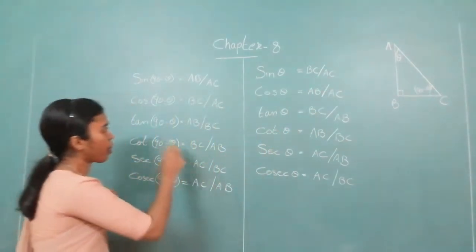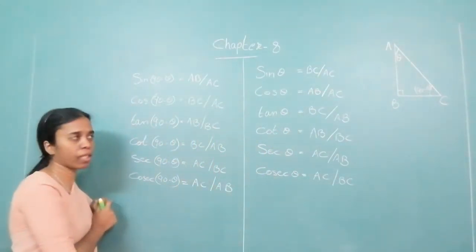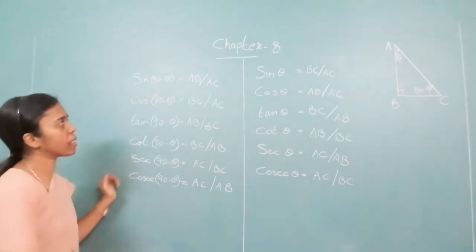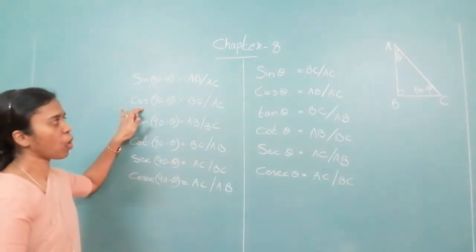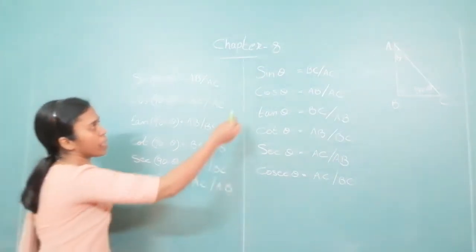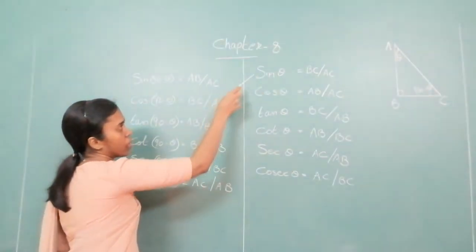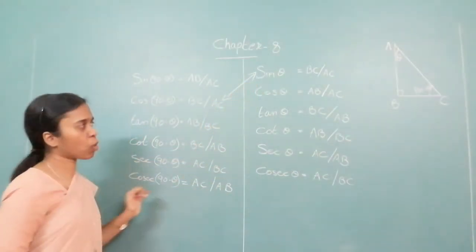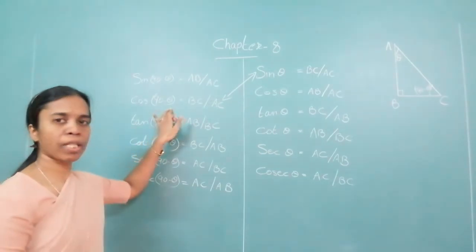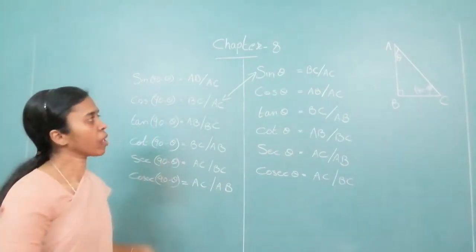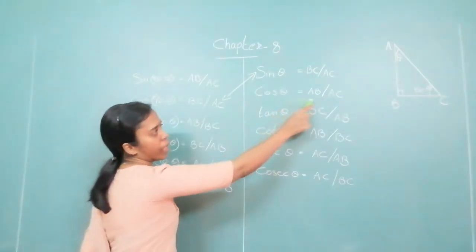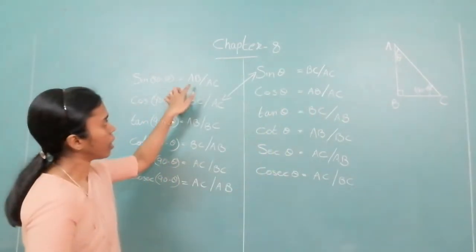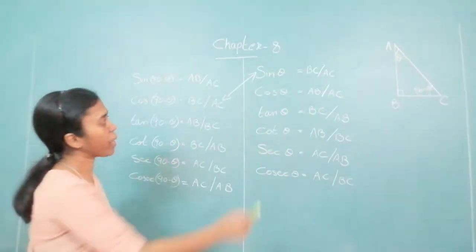What is the same from here? Sine theta is the same as cos 90 minus theta. Can you see this? Sine theta is equal to cos 90 minus theta. Cos theta is AB upon AC, and AB upon AC is sine 90 minus theta.